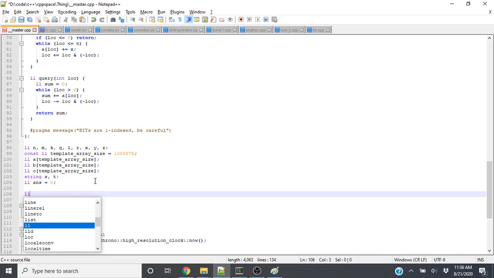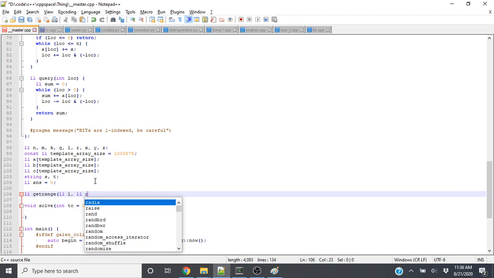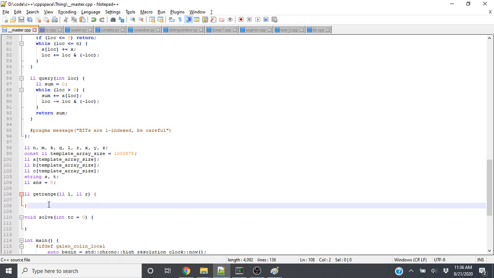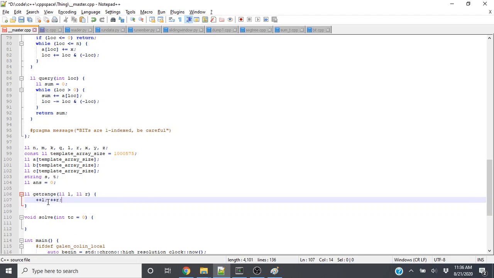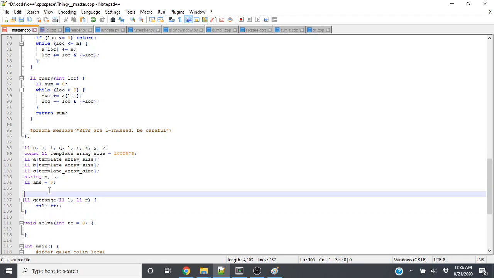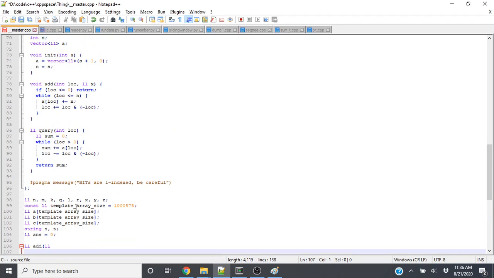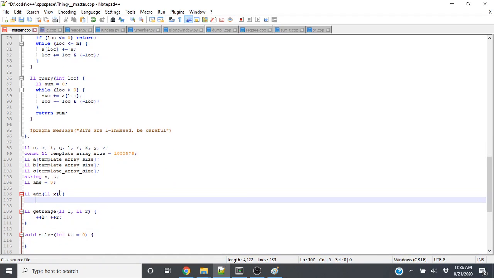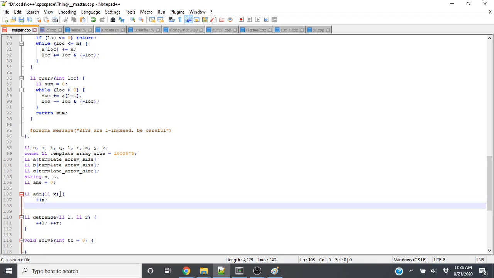Okay, now we do get range. I'm just gonna write helper functions because I'm lazy. X, and this will just remind me to do one indexing.